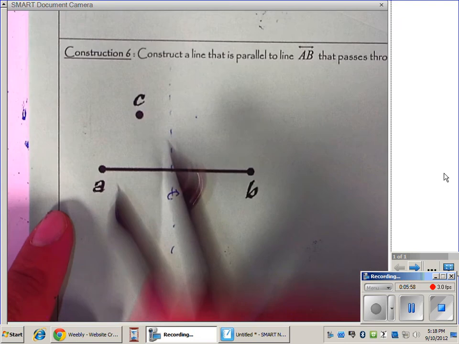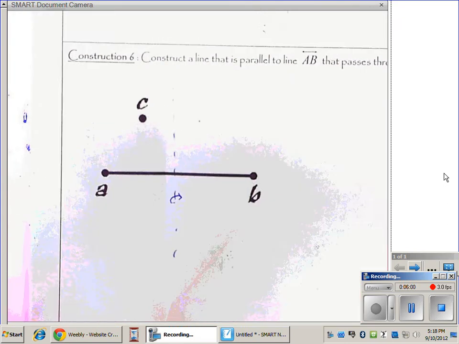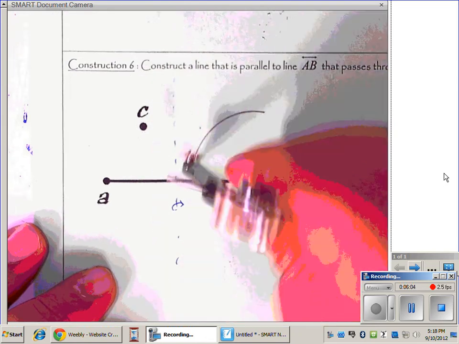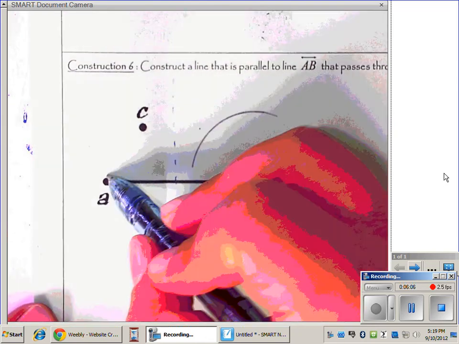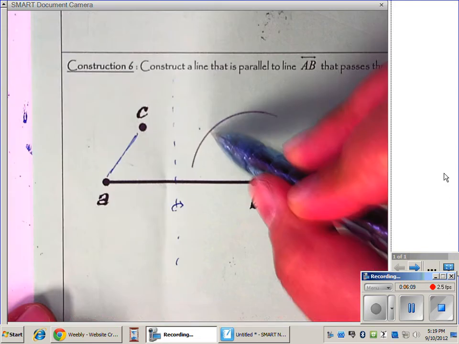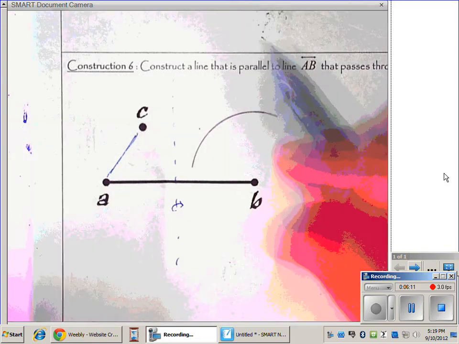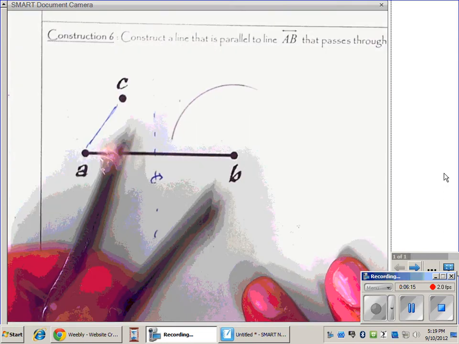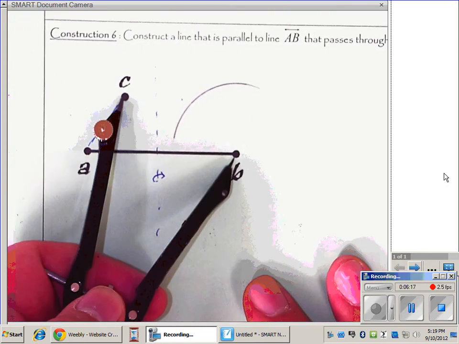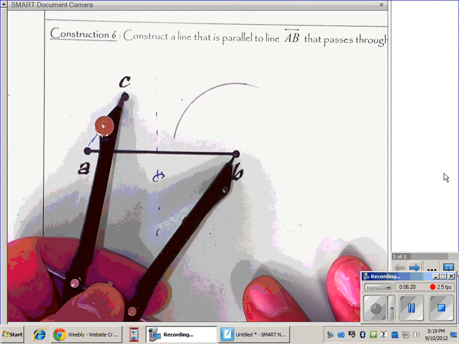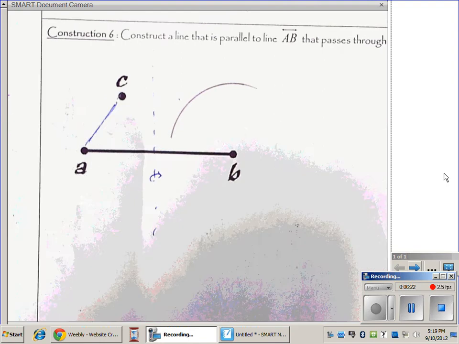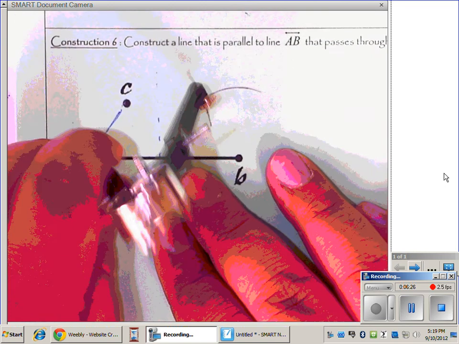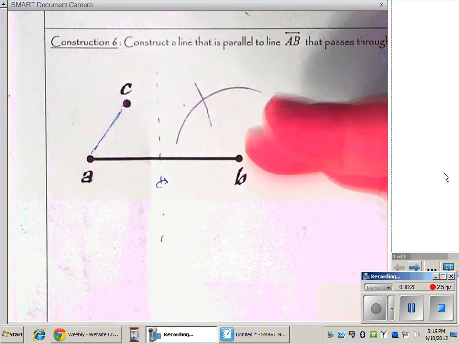So instead of taking this distance AC from A, we're going to actually take it from B. So again, copying the distance here, but copying it from our other point. Okay, and now we're going to do the same thing, but in reverse. Like we have to maintain this distance CB, but we no longer want to take CB from B. We want to take it from A. Again, a side-to-side reflection as opposed to an up-down reflection.